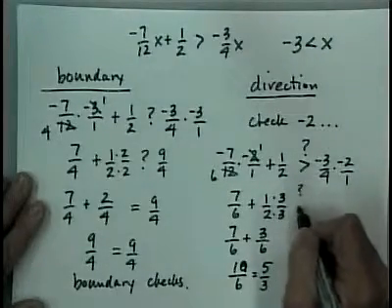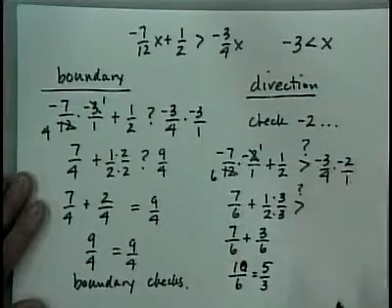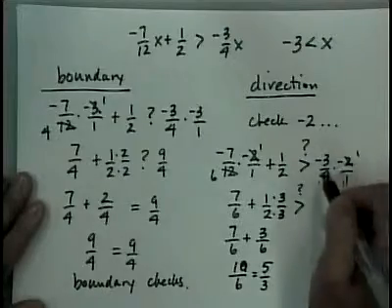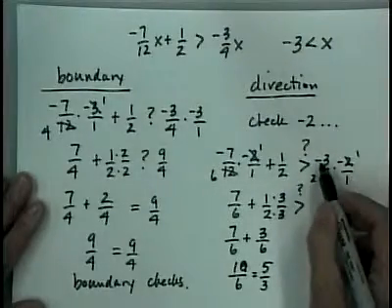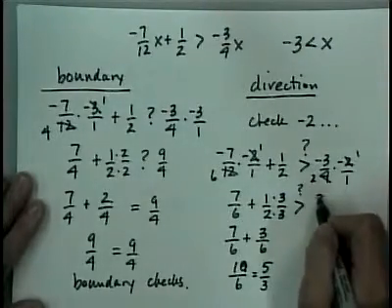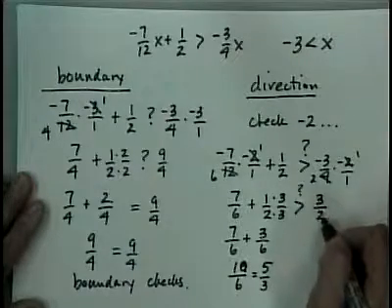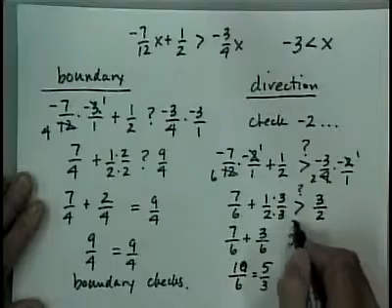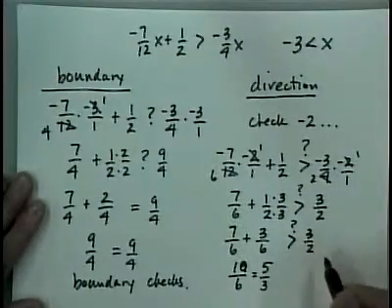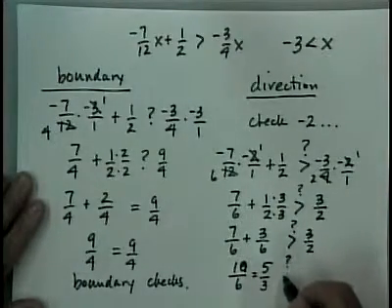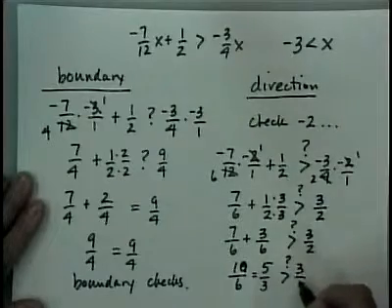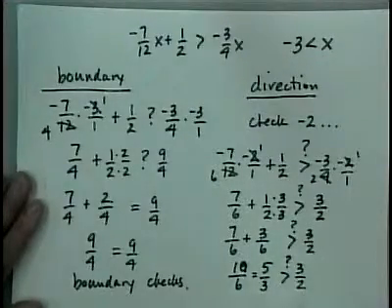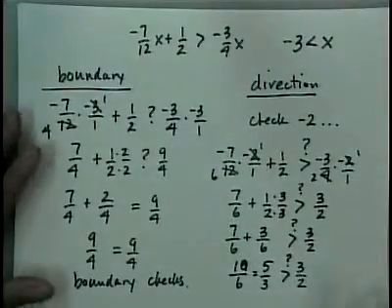Now I want to know if that's greater than what I get on this side. I can simplify here a factor of 2, which gives me -3 times -1, or 3/2. And so what I actually need to know is, is 5/3 bigger than 3/2?